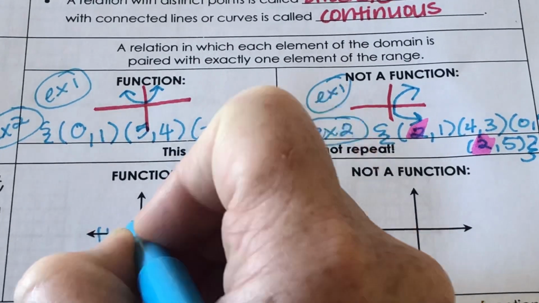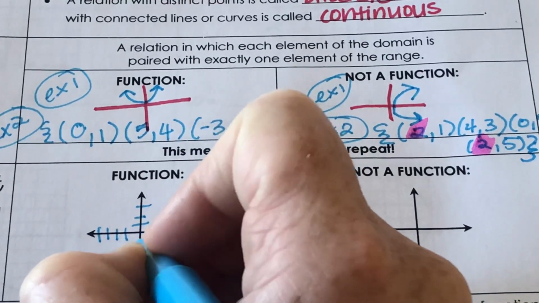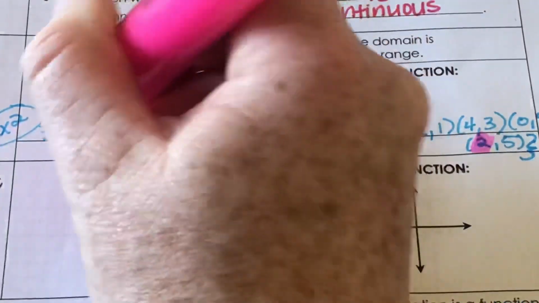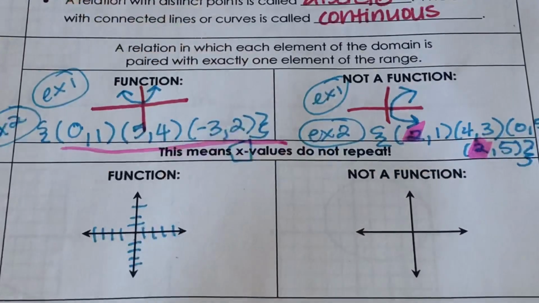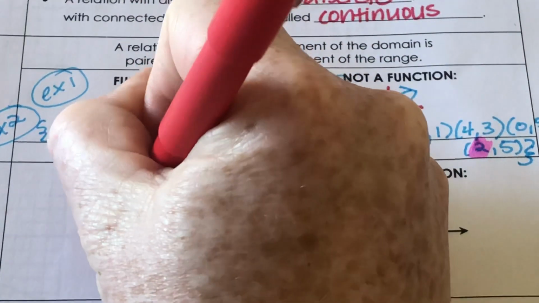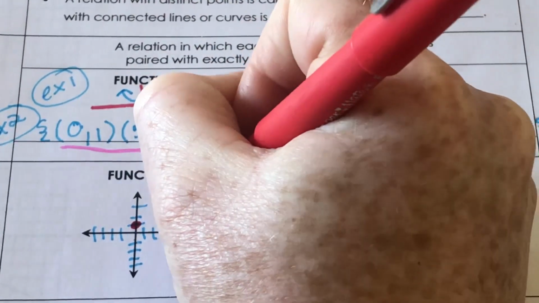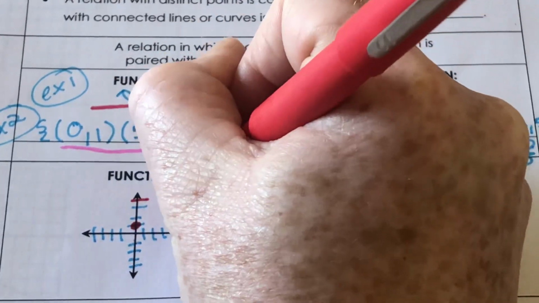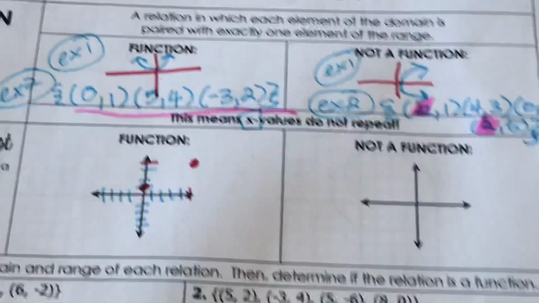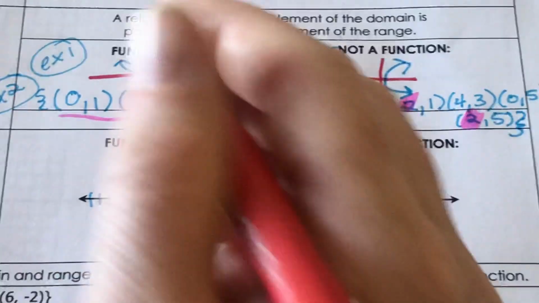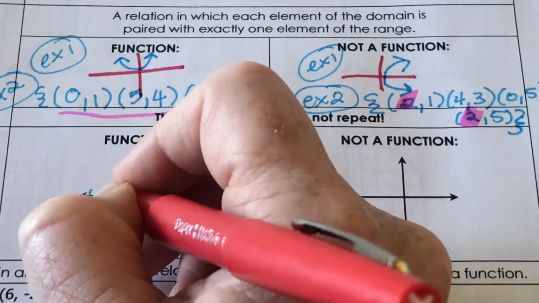Each one can be 1. And let's put these points here on a graph, okay? So 0, 1 would be 1 point. 5, 4, I need to give myself one more tick mark, then 1, 2, 3, 4. It doesn't have to be perfect, just put it near where it would go. And then -3, 2.